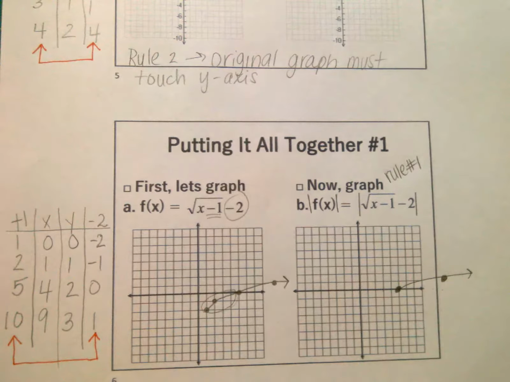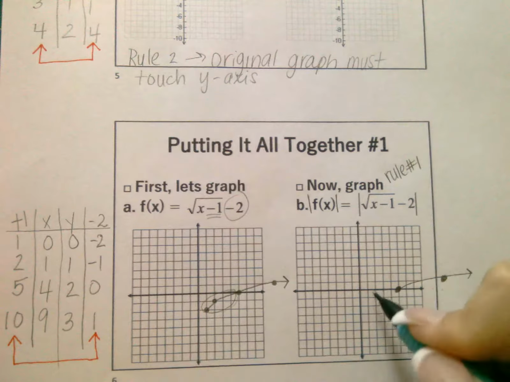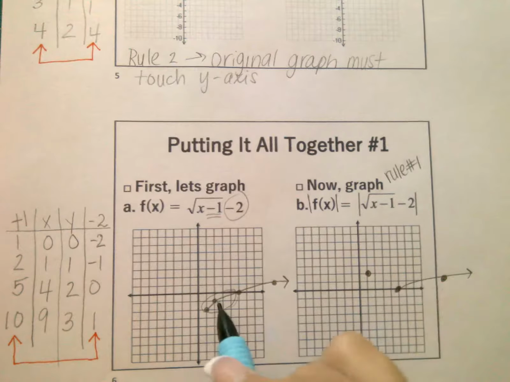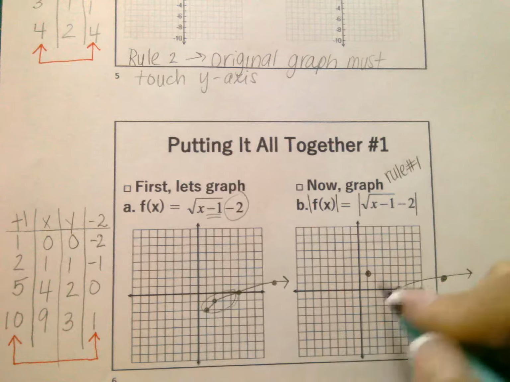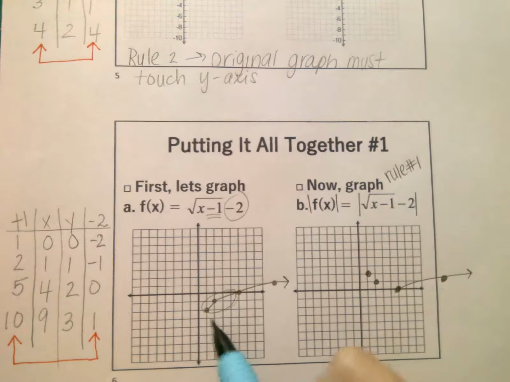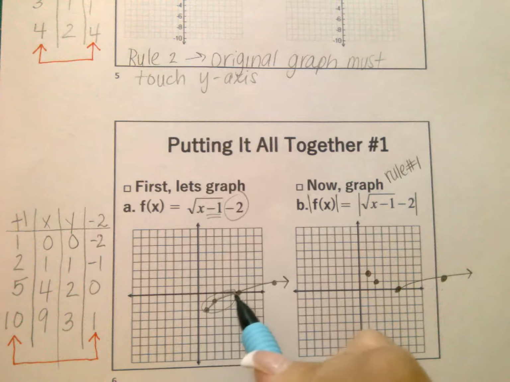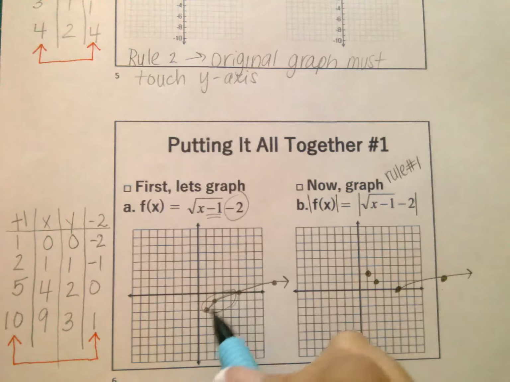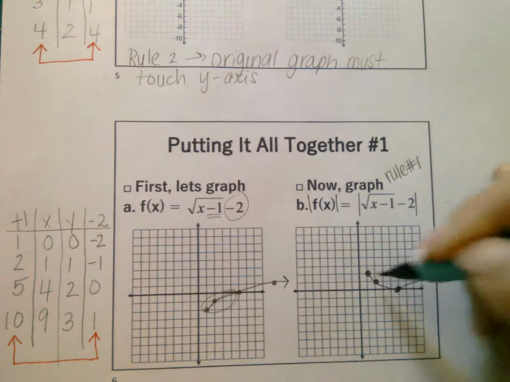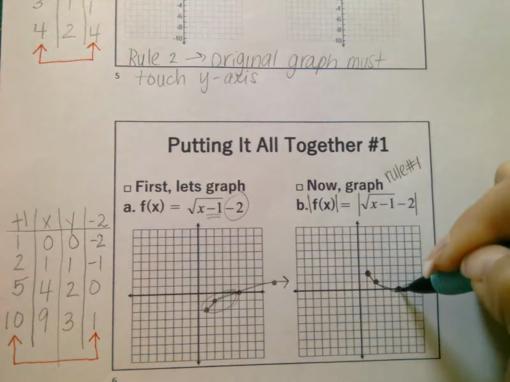Whatever's below the x-axis is getting reflected up. So 1, -2 is going to be 1, +2. And 2, -1 will be 2, +1. Okay, so this is curving upwards in the original, so we want to curve it down a little bit when we reflect.